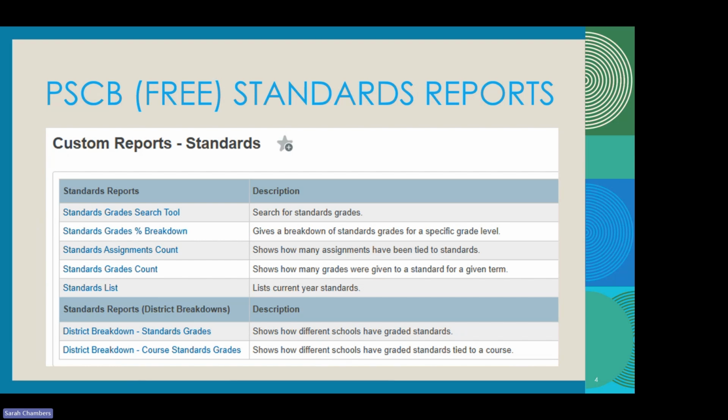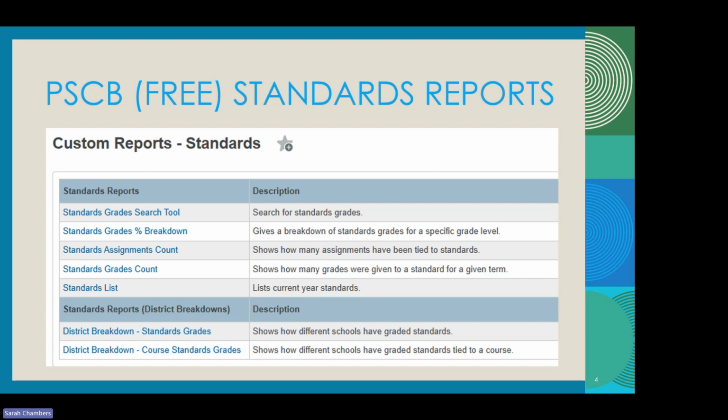And they give you some things like, how do I search for standards grades? How is that percentage broken down? How many assignments have been tied to a standard? And then a list of the current year standards. You can go to your standards page and you can see those and you can export them out. But this is a report that will give that to you.